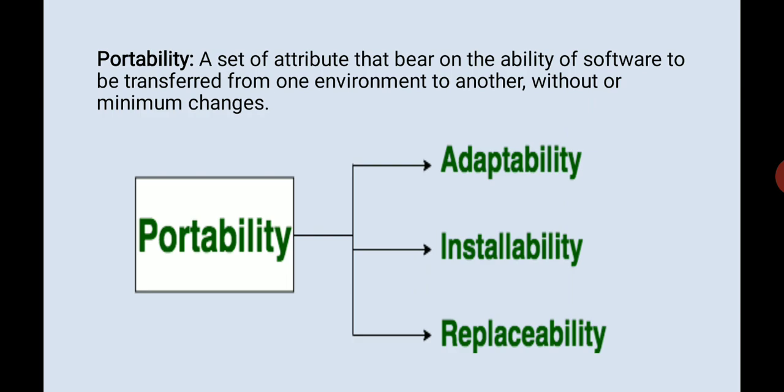Portability comes into three: adaptability, installability, and replaceability. Adaptable means my software is adaptable, right? Installability is that it can be easily installed onto different platforms. Replaceability is that it can be easily replaced. All three features are part of portability.